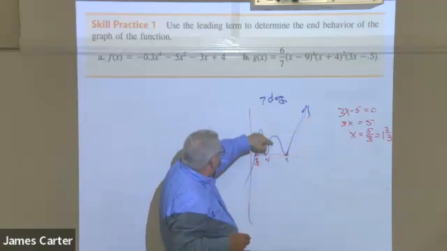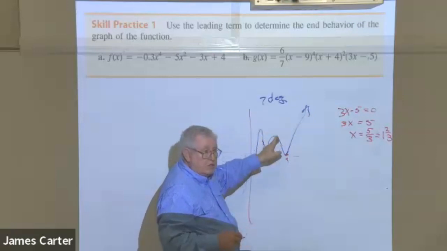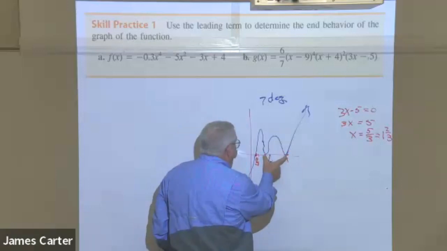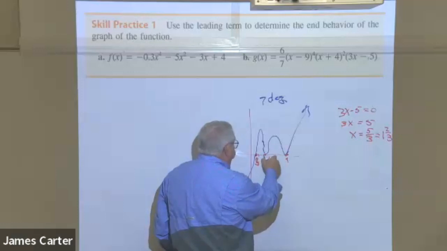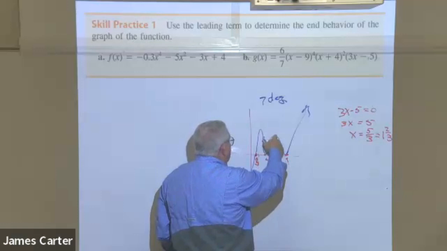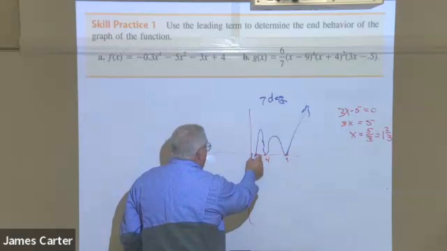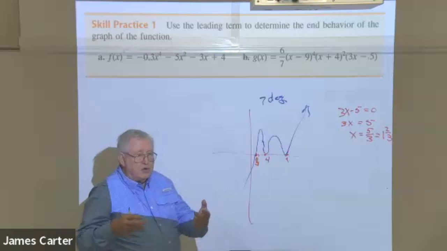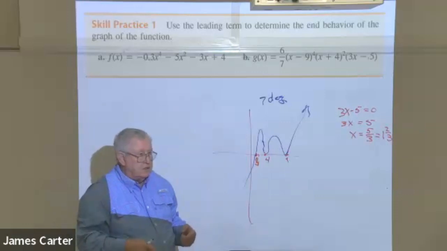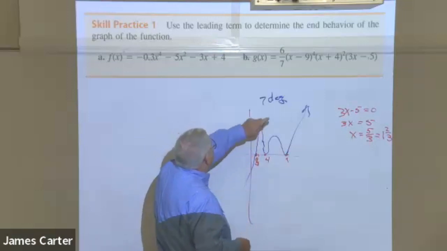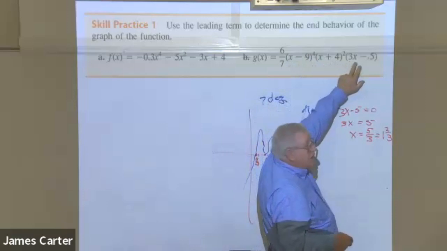Now, I don't know how high these two go without doing some XY point plot. Here, between 4 and 5, halfway there is 6, roughly. So I'd try substituting in x equals 6 and see what y was. Between this one and this one, I'd probably try 3 and see how high it goes to get an idea realistically of how high that loop is. But anyway, we could figure out the y-intercept by putting 0 here, here, and here.